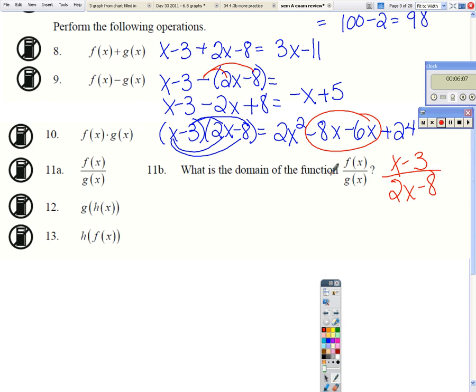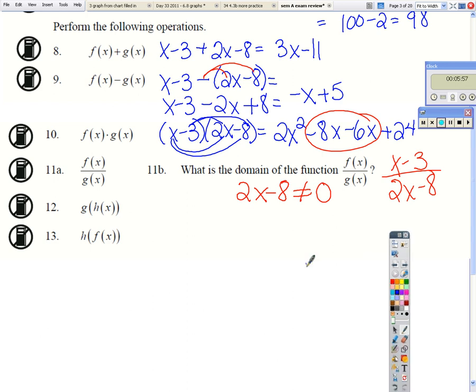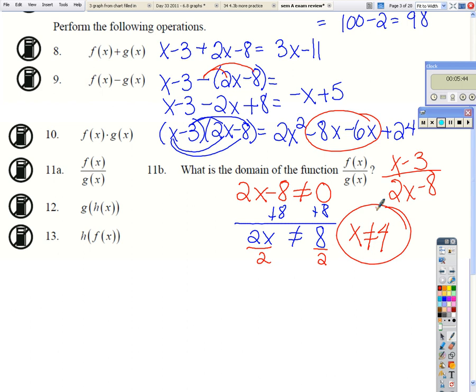So to find the domain, or the restrictions on this equation, 2x minus 8 cannot be 0. So we're going to solve for what x is not allowed to equal. Add the 8 to both sides. Divide by 2. So x cannot equal 4 is the domain of f of x divided by g of x.